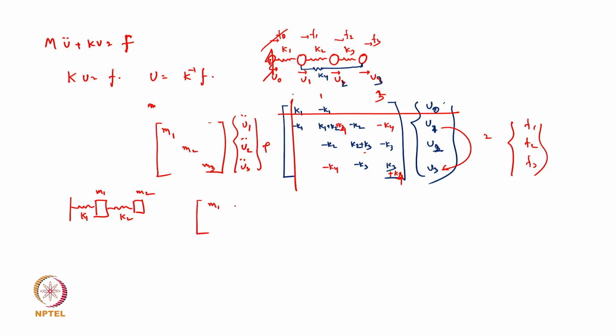Equation of motion: M1, M2, U1 double dot, U2 double dot, plus K1 plus K2, minus K2, minus K2, K2, U1, U2. Okay. Multi-degree freedom is also so simple, you can write the equation of motion like this. You don't need to think at all. If you follow this technique properly, you will be an expert at writing the equation of motion. Not at all any problem. You will not make any mistakes on that also. Okay.